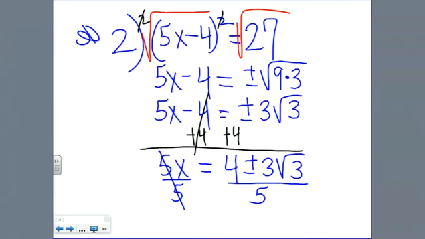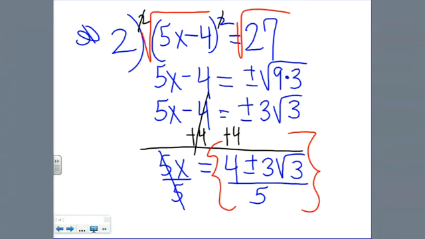And if you left your answer like this, I would actually give you full credit. Anytime you have a radical left over or an imaginary part, then you don't have to split it into 2 different answers. You can actually leave your answer as one whole fraction.